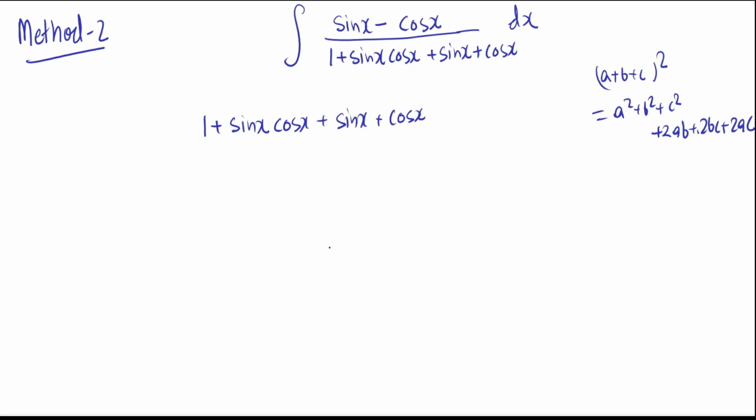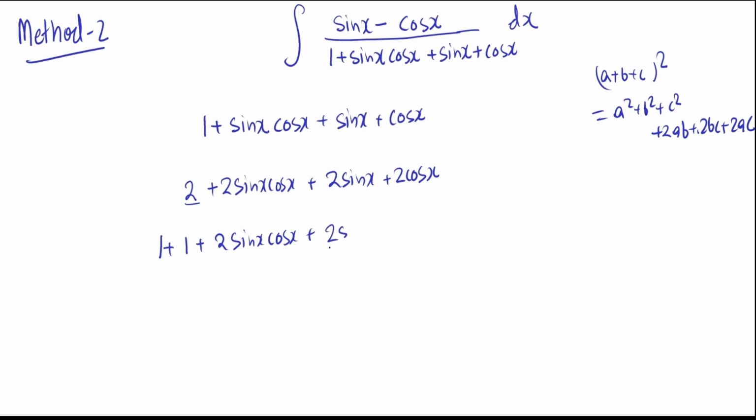So if I multiply and divide this by 2, then this is 2 plus 2 sin x cos x plus 2 sin x plus 2 cos x, right? And if I write 2 as 1 plus 1, this is 1 plus 1 plus 2 sin x cos x plus 2 sin x plus 2 cos x, right?